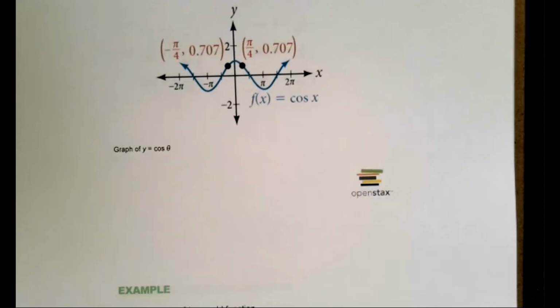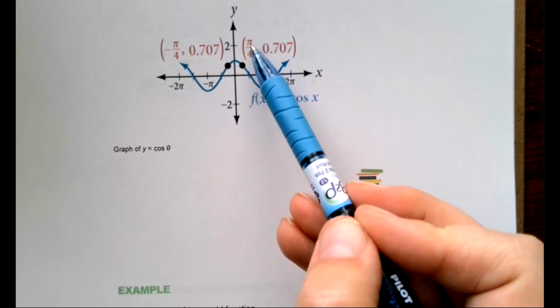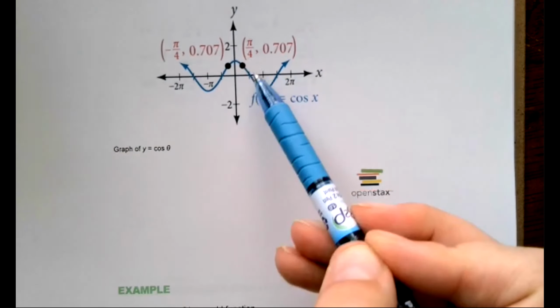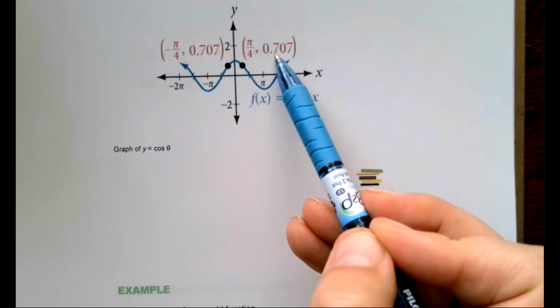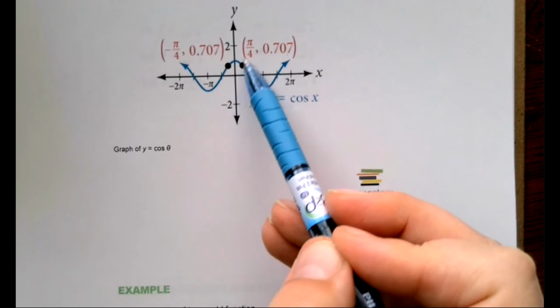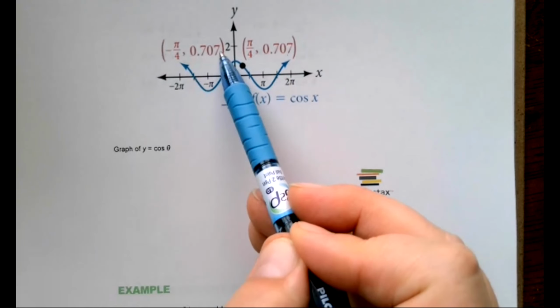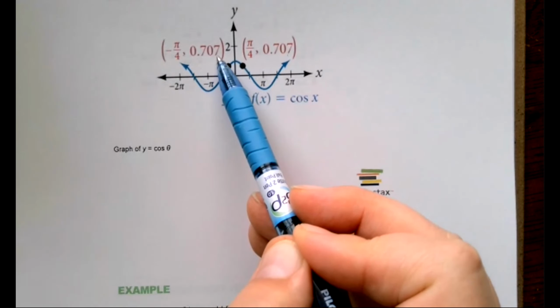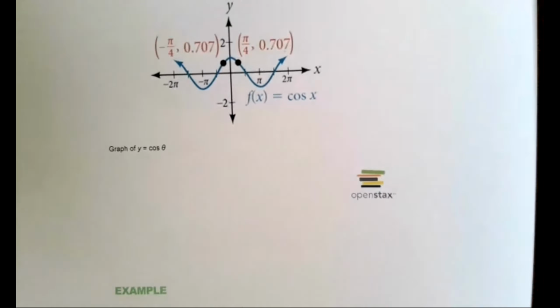Now for the even function, in the case of cosine, here we have the input of pi over 4, and the y value is 0.707 for the cosine x function. Now, if we change that input to the negative, the output is still 0.707. So this is how the odd and even work.